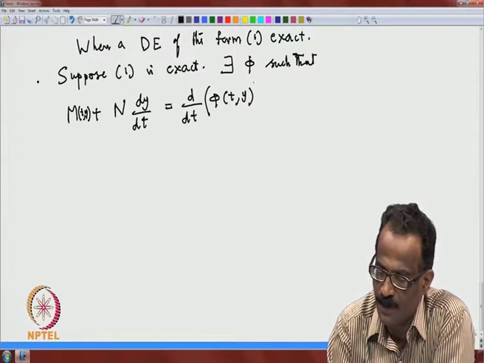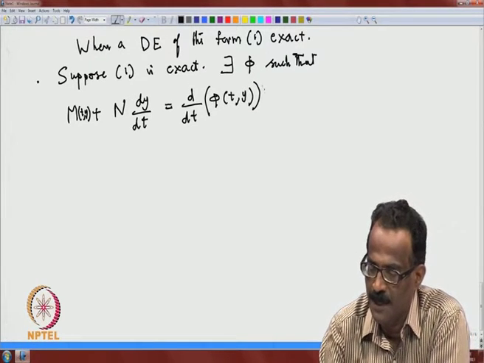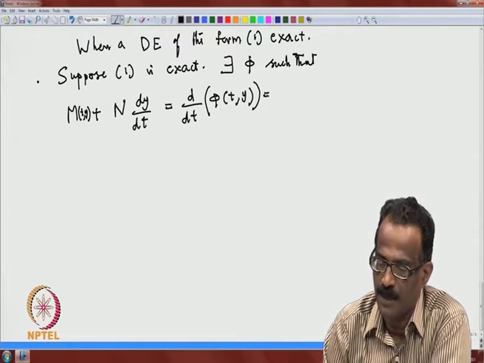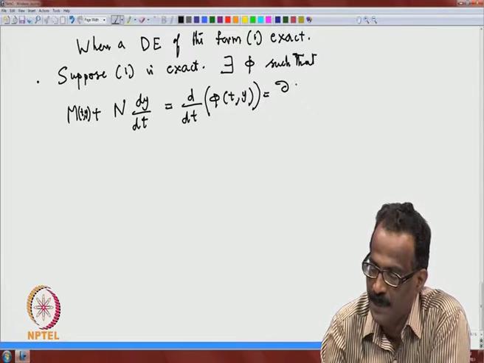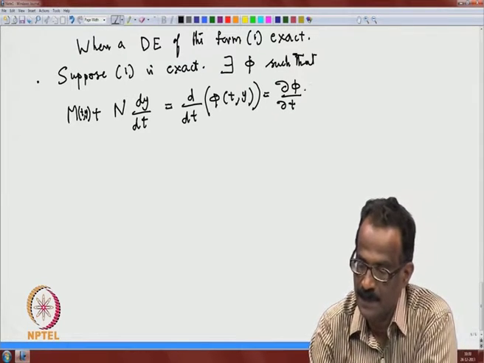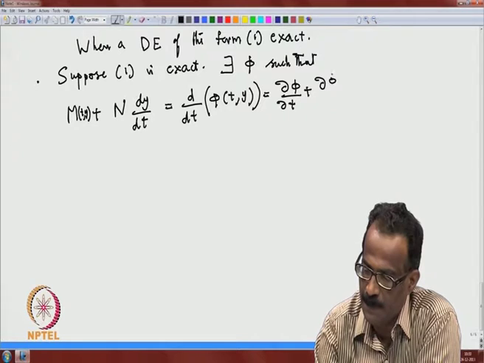Of course, y is treated as a function of t. So, if you calculate the total derivative, this will be d phi by dt plus d phi by dy into dy by dt.